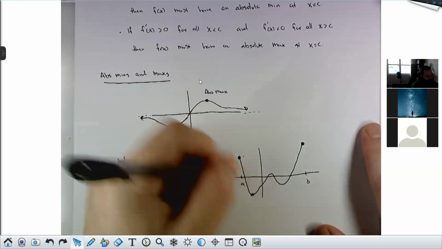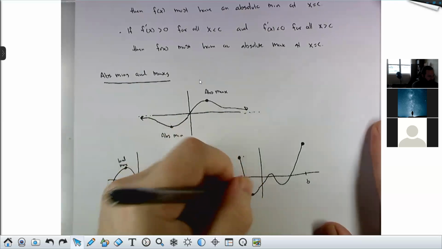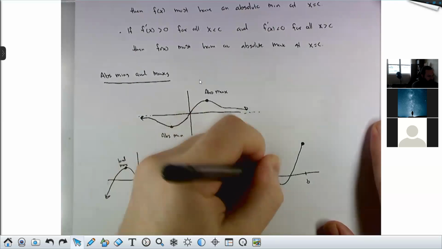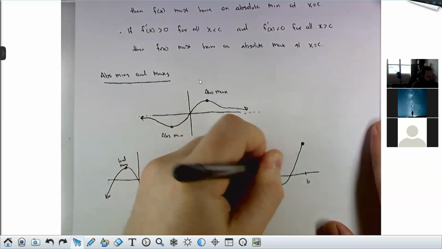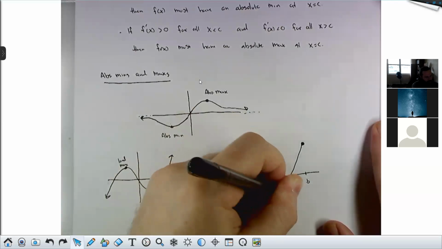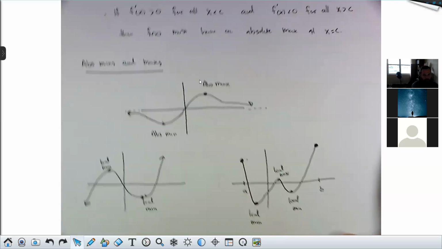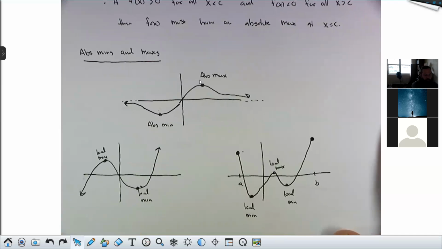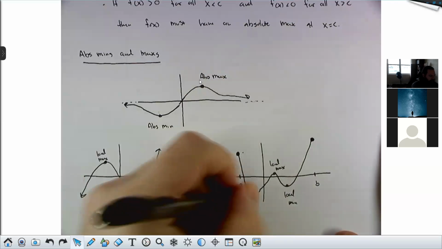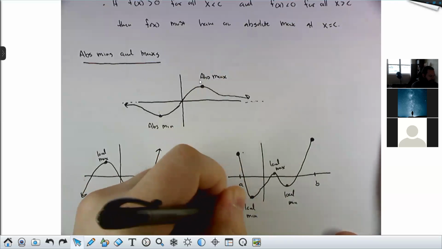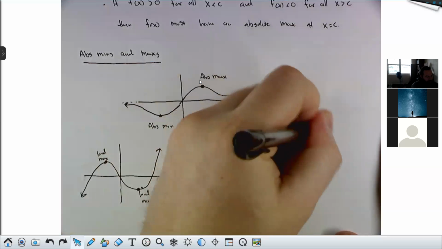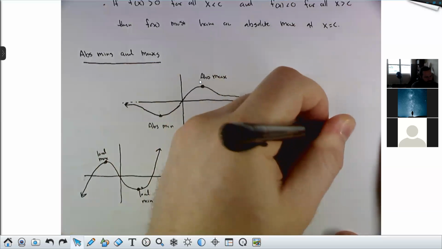So if you wanted to find the absolute min for this function, you would first locate the local mins. This is a local max. So you would do the number line thing to find all the local extrema. But then you need to check against the values of the endpoints. So your local min here turns out to be an absolute min. This local max here, though, is not your absolute max. Your absolute max is over here.